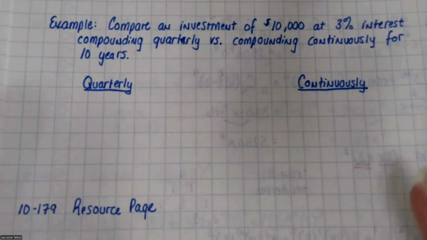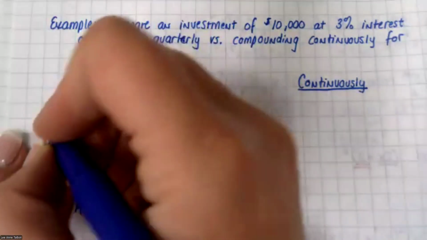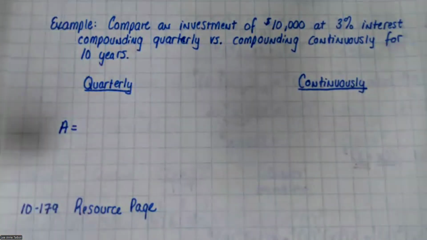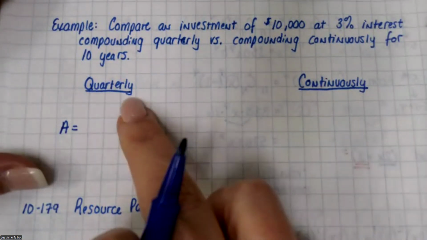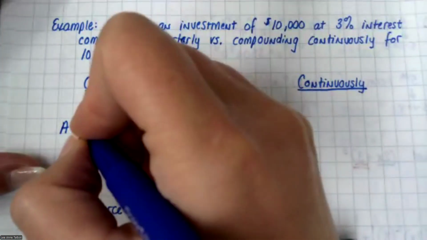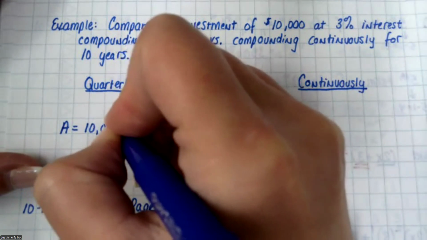Okay, so I'm just going to write these out. I know you guys are still writing. This is very simple though. So A equals, I am looking at the formula above it. Quarterly is time periods. The principal in this case is $10,000.